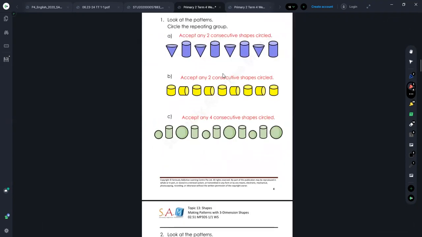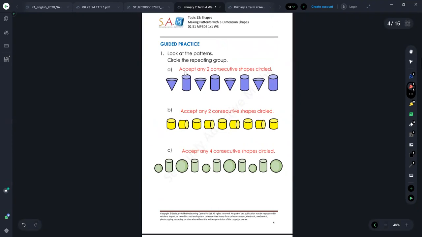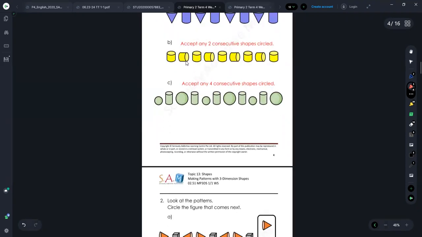Then they do the guided practice. Here they can circle any 2 consecutive shapes as the repeating group. Here comprises 2 as well. Here would be any 4: 1, 2, 3, and then 4.